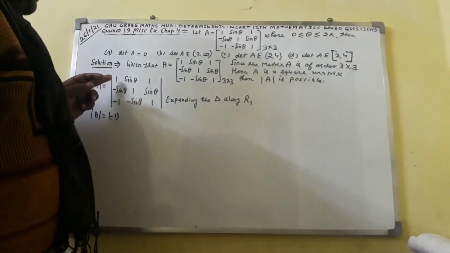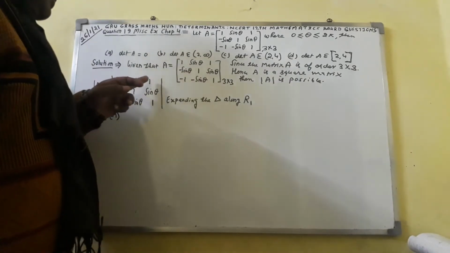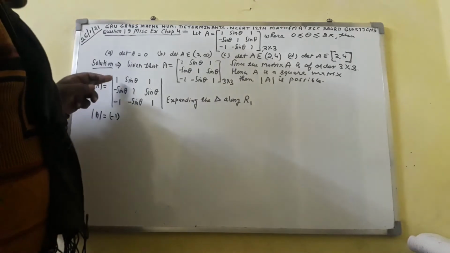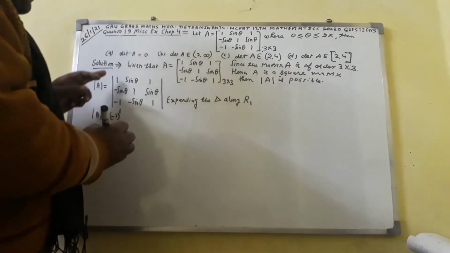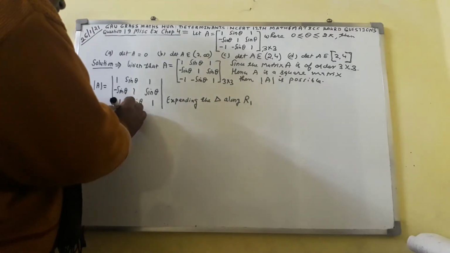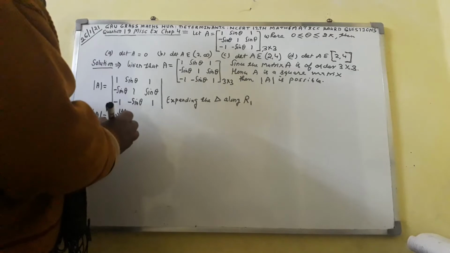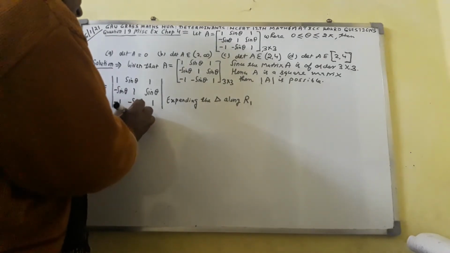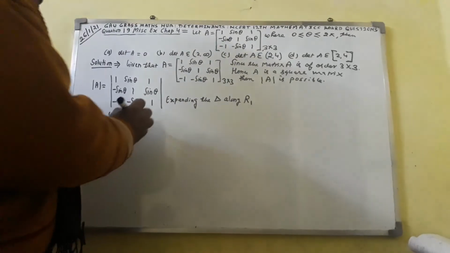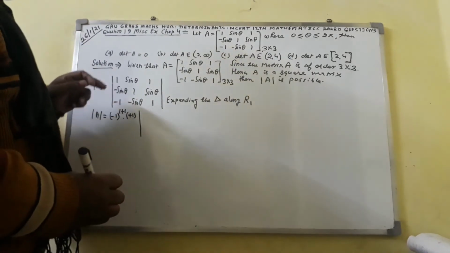If I take the element 1 here, since 1 is there in first row and first column, for first row I shall write 1 and for first column I shall write 1, and this element will be written here, plus 1, and get the minor of plus 1.